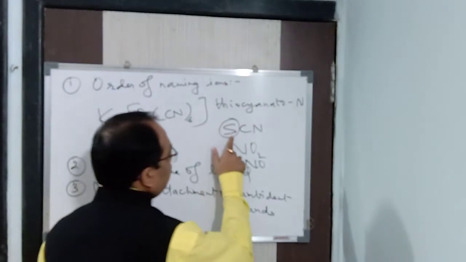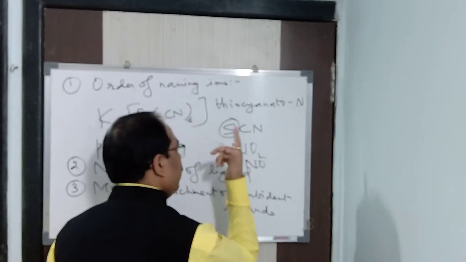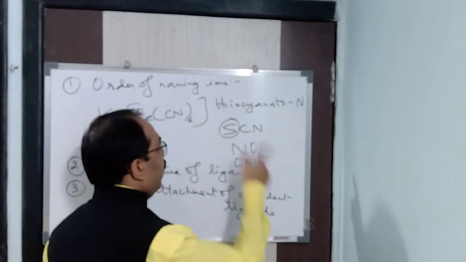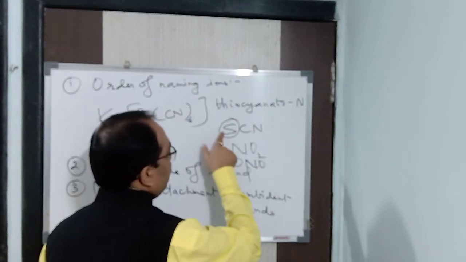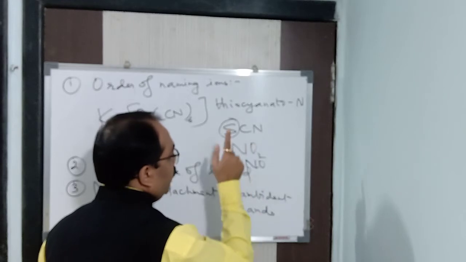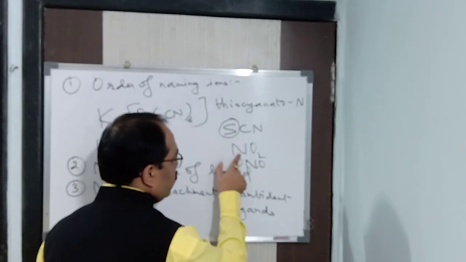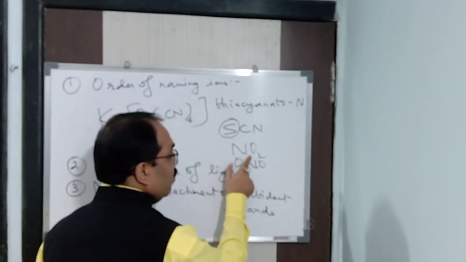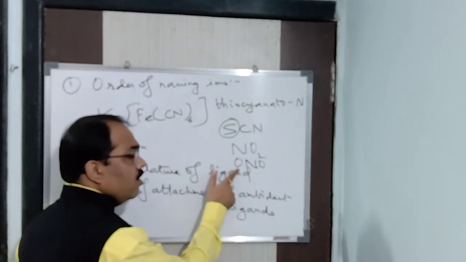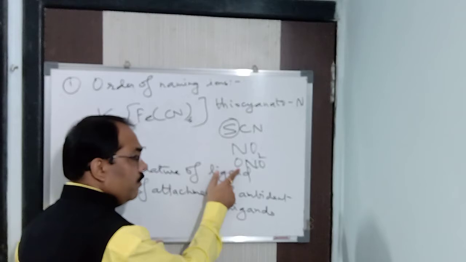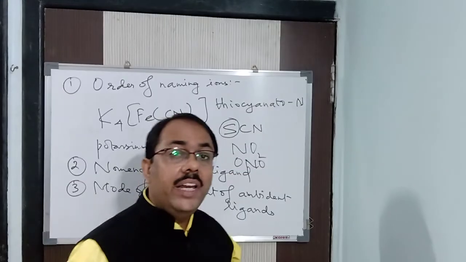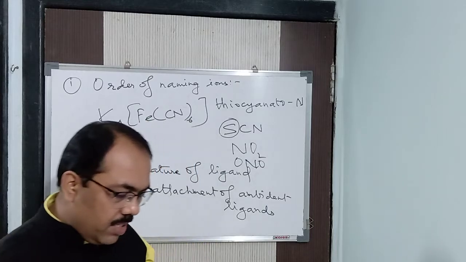Like SCN, if attached by sulfur or by nitrogen, we call it thiocyanato in both cases, so I told you to write thiocyanato-S and thiocyanato-N. But NO2 can be written as NO2 and ONO. If it is NO2, the name is nitro, and if it is ONO, the attachment to the central metal atom is through oxygen, so it is called nitrito. The naming is different.